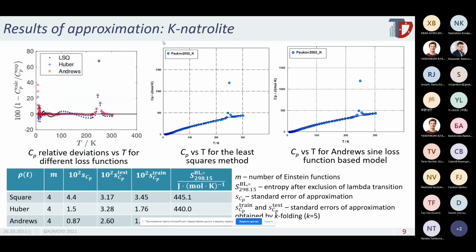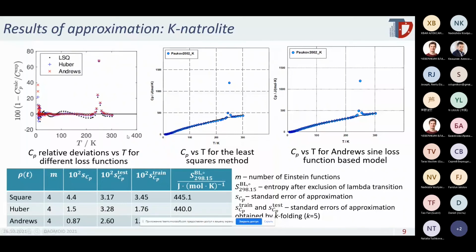Here is the first result: approximation of experimental data for potassium substituted natural light. We can see that if we try to model with four Einstein functions in all cases, the attempt to apply the least squares method causes oscillations.